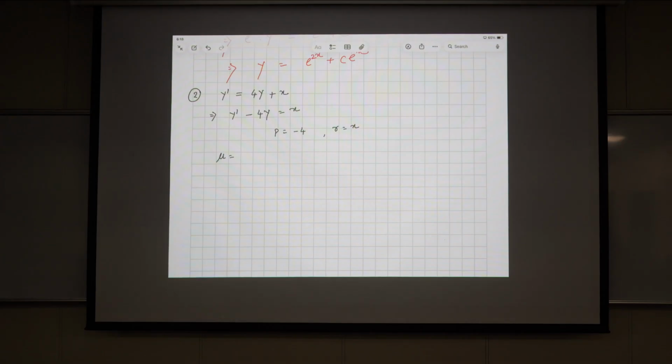Mu is e to the power integral of minus 4 dx, that is e^(-4x).